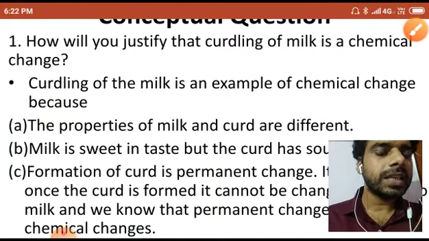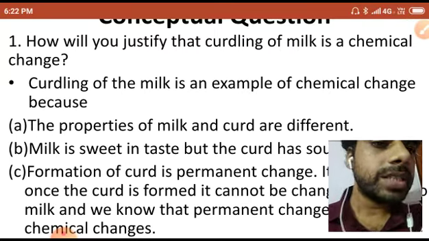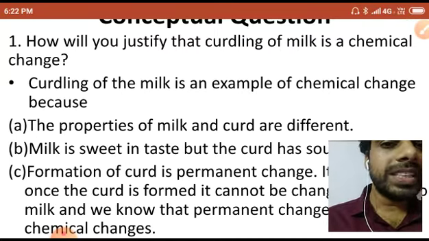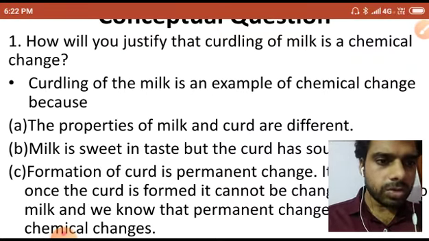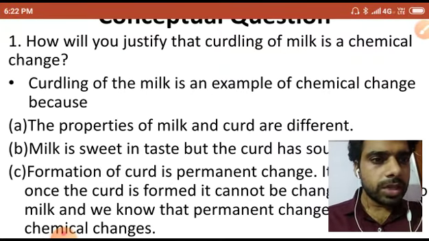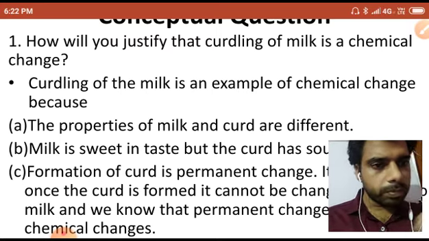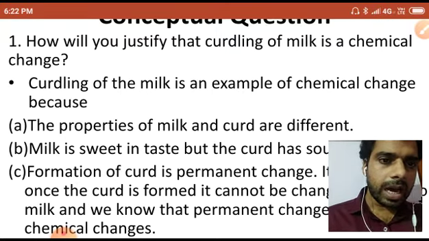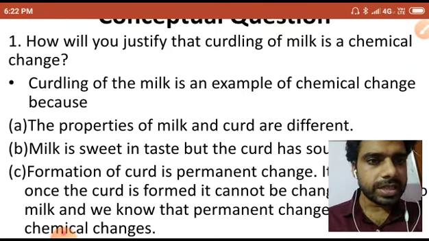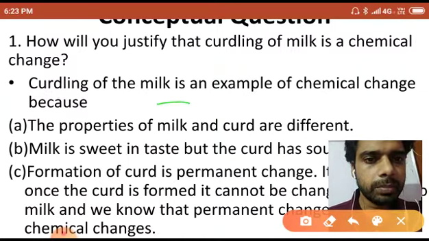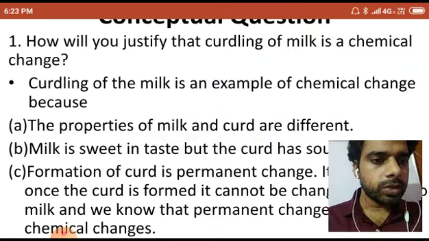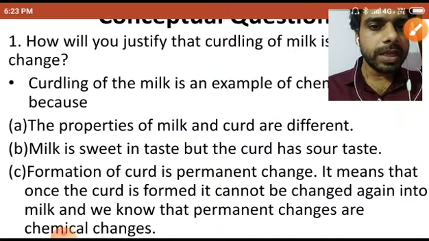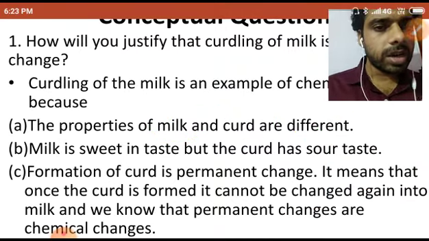Curdling of milk is an example of chemical change, and you can see that if milk changes into curd, a new substance is forming. And the properties of milk and curd are also different. You all know that milk is sweet in taste but curd has a sour taste.